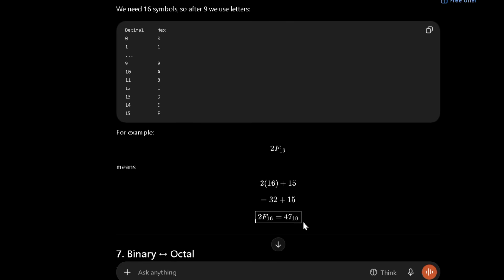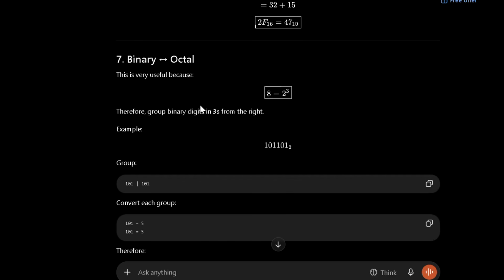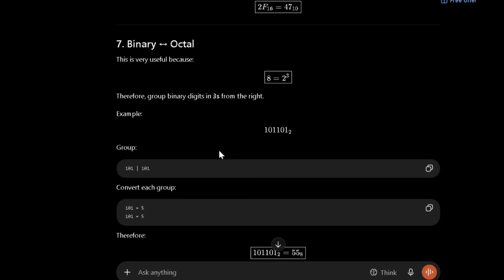Binary converted into octal. This is very useful because 8 equals 2 power 3. Therefore, group binary digits in sets of three from the right. Example, 101101 base 2. Here 101 is one set and 101 is another set, two sets.